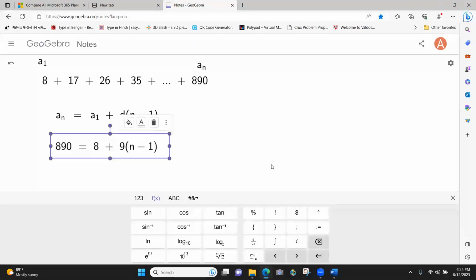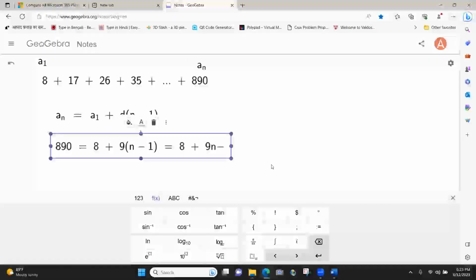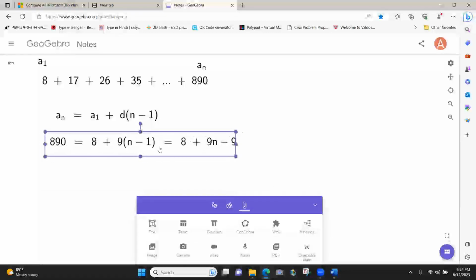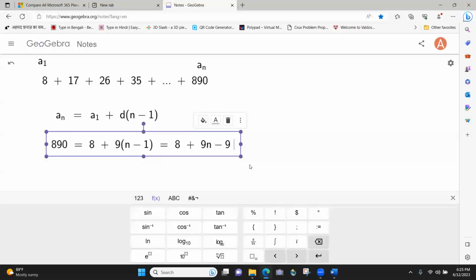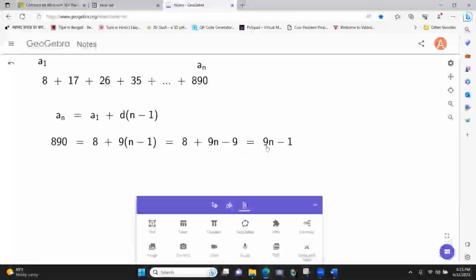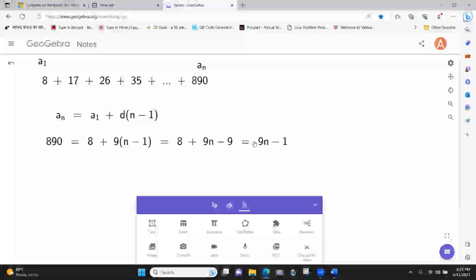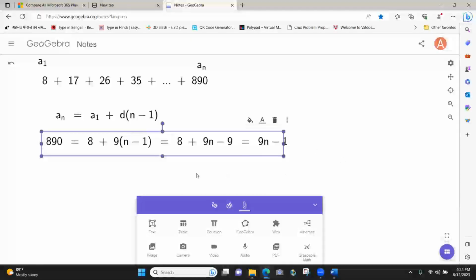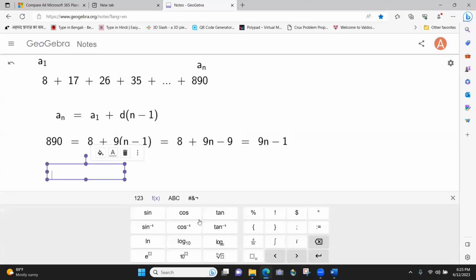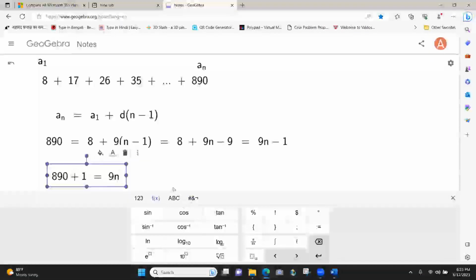Okay, I'm going to do some work here. 8 plus 9N minus 9. Now, I can work on the right-hand side further, and this is what I get. This can be written as 9N minus 1, because 8 minus 9 is minus 1. I'm going to add 1 to both sides. 890 plus 1 is equal to this.